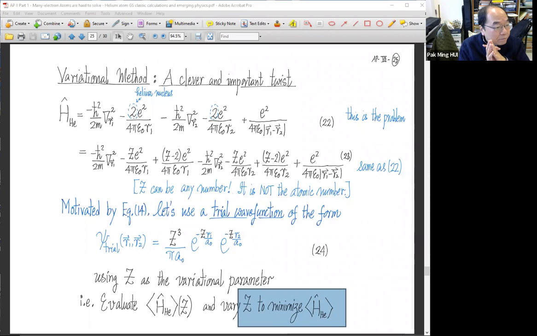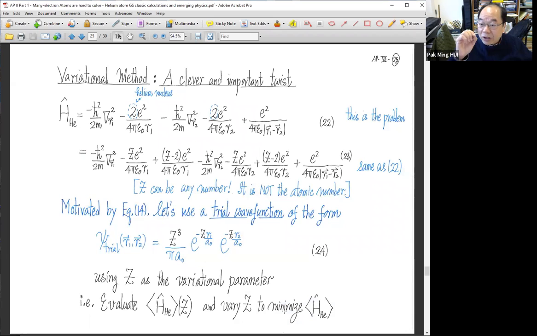Okay. As the variational parameter, I use Z. Very humble, only one variational parameter. Okay. Now, I hope that you gradually appreciate, knowing a little bit of technique, perturbation, variational calculation, you can do a lot of things. Okay. So stay tuned.